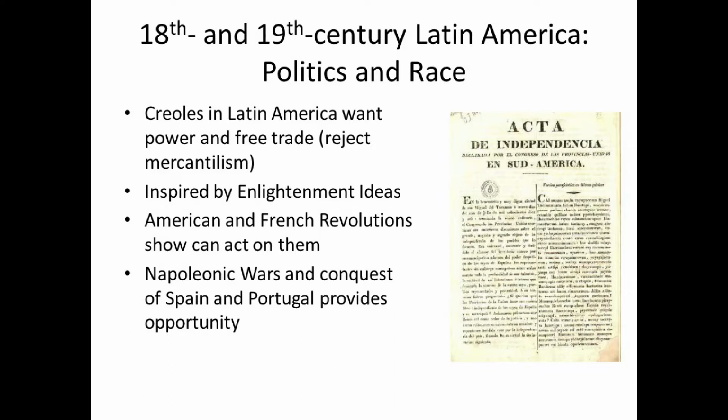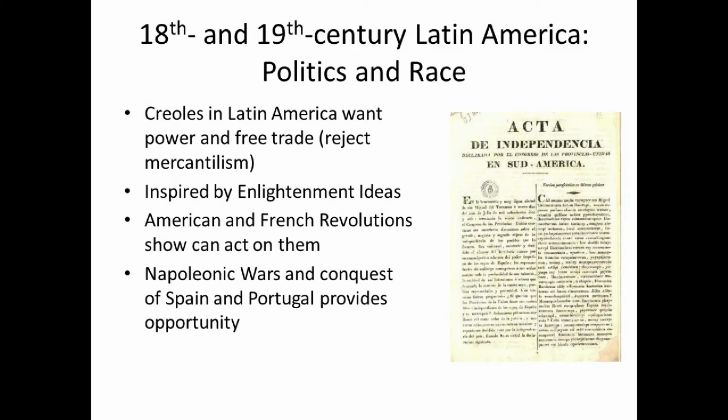And if you want to launch a rebellion, launching a rebellion when the country that controls you theoretically has been conquered by another group sounds like a good idea, right? If you want to rebel against Spain, rebelling against Spain when it's been conquered by France is probably a good idea, because the Spanish are going to be worried about getting rid of France, not trying to keep control over you.